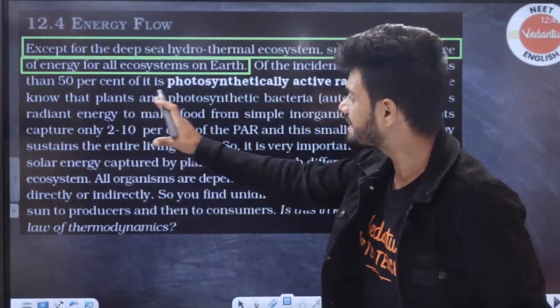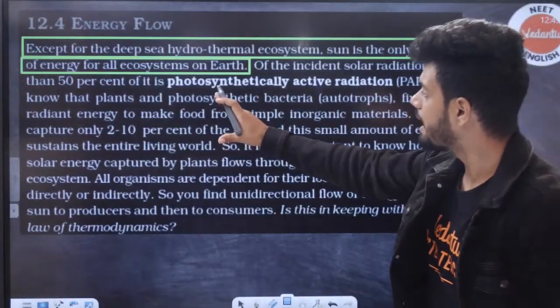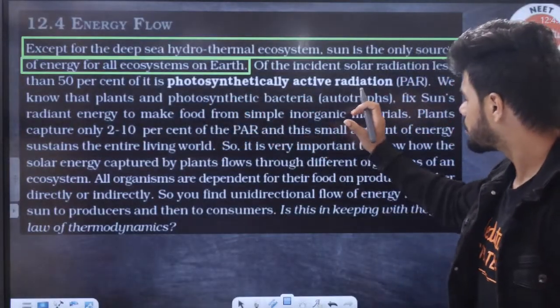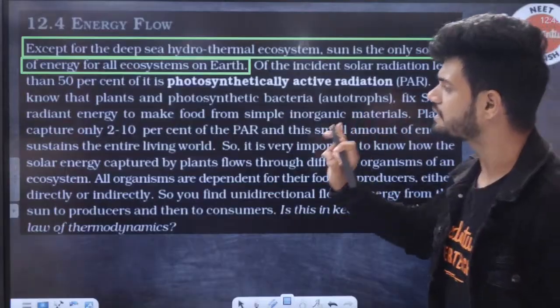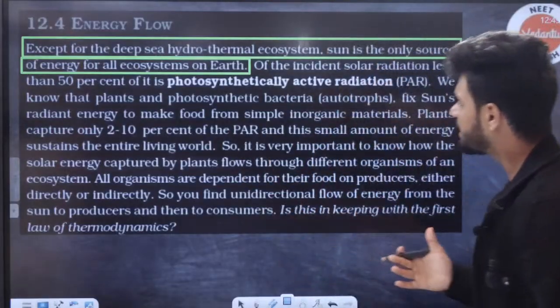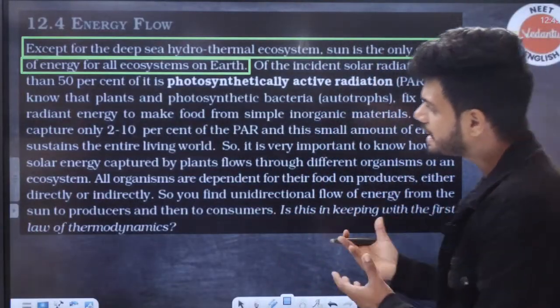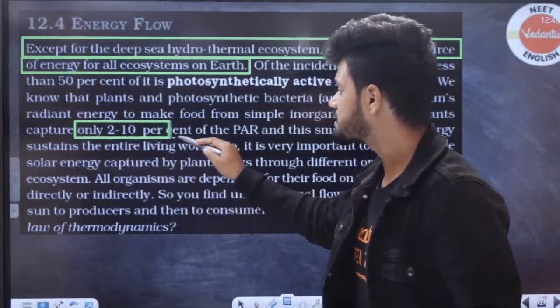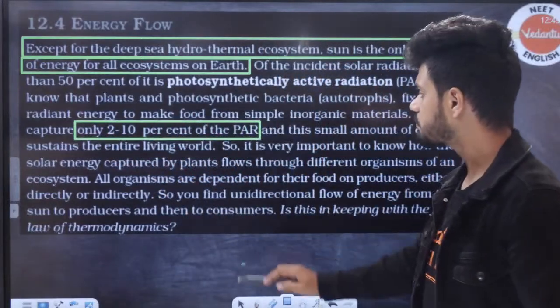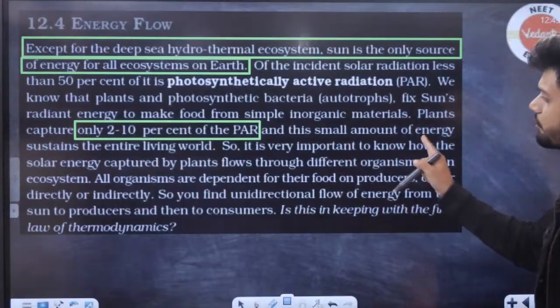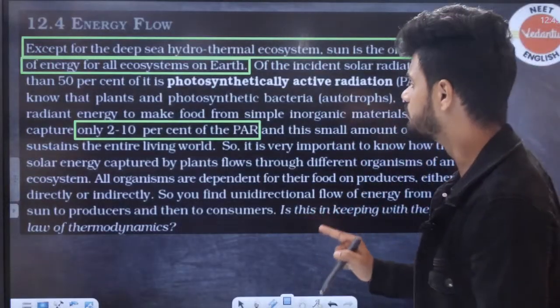We know that plants and photosynthetic bacteria, autotrophs, fix sun's radiant energy to make food from simple inorganic material. Plants capture only 2 to 10% of the PAR, and this small amount of energy sustains the entire living world.